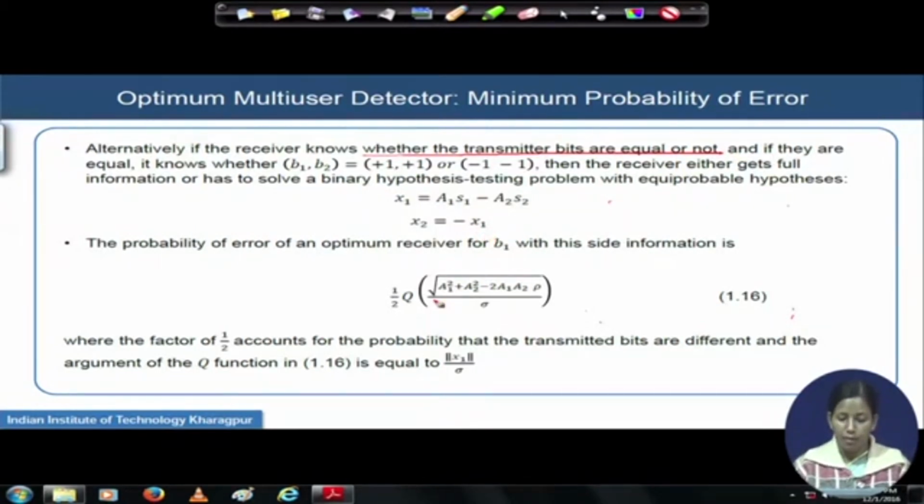The probability of error in such a situation can also be found in the form of a Q function, given in equation 1.16, with the side information that the bits are equal, and where the factor of half accounts for the probability that the transmitted bits are different, not equal, and the Q function in that situation will be equivalent to mod x 1 by sigma.